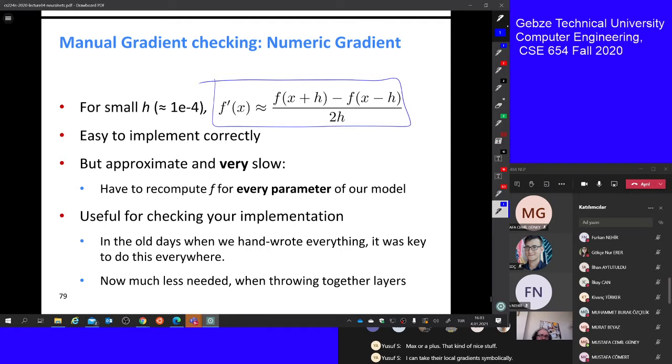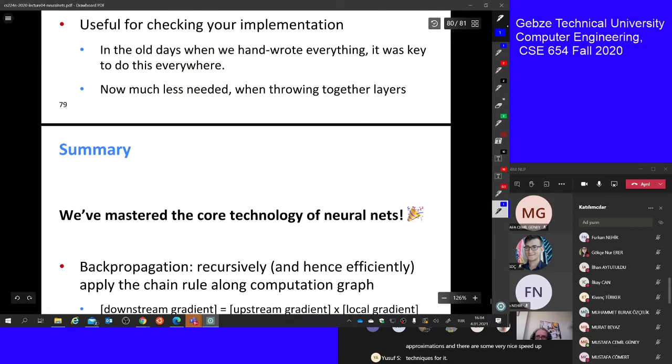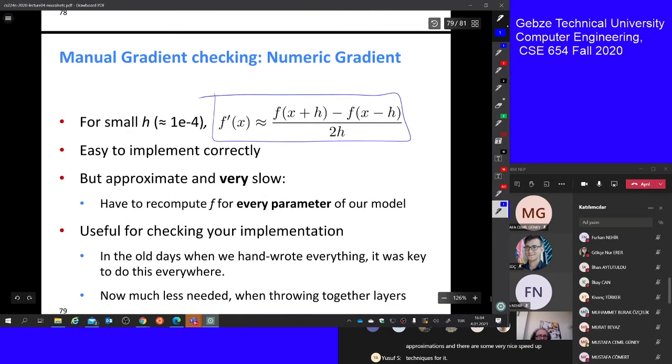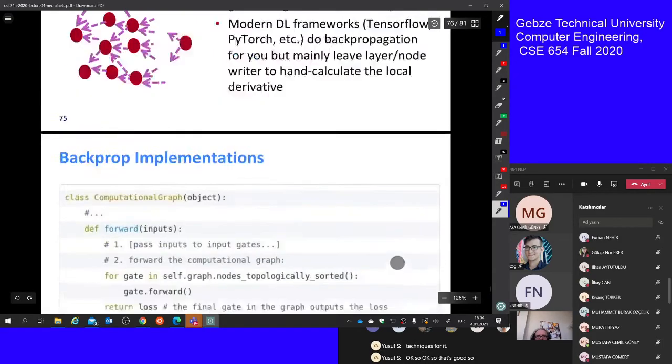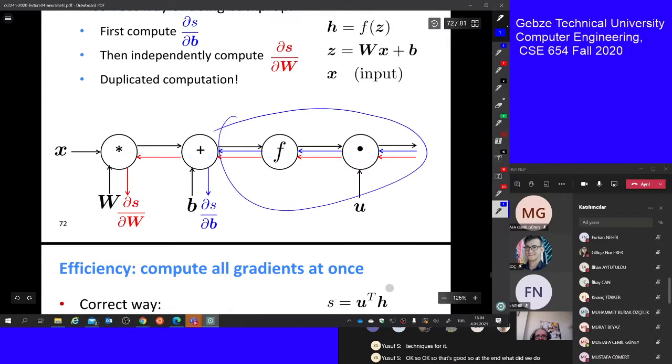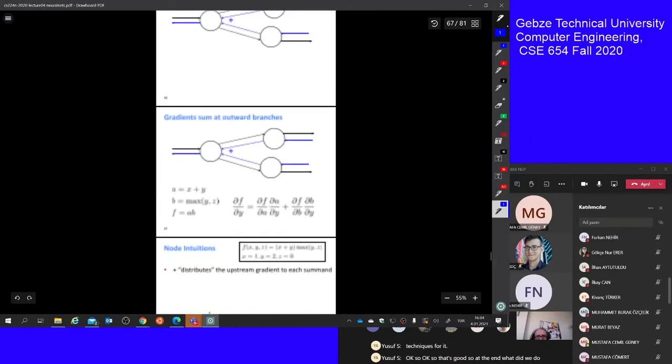But some tools prefer using these kind of numerical approximations, and there are some very nice speed up techniques for it. Okay, so that's good. So at the end, what did we do? At the end, what did we achieve? We achieved this.